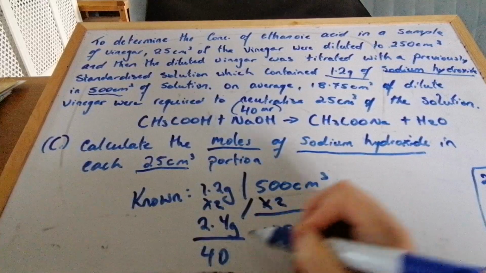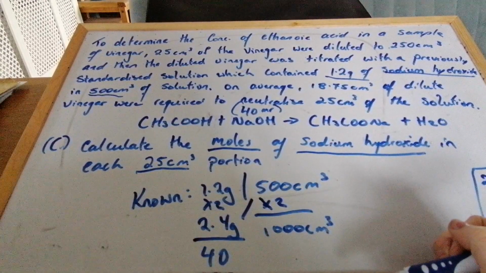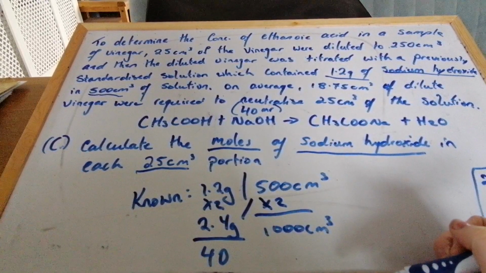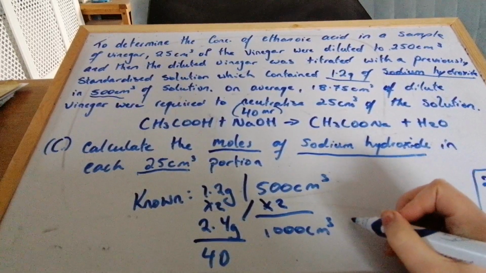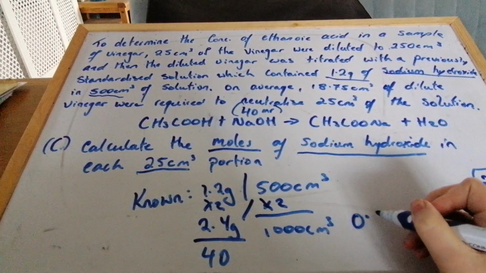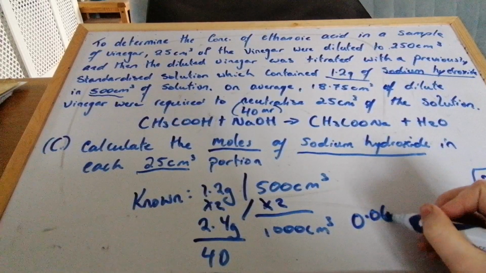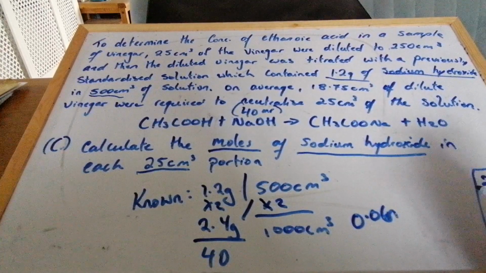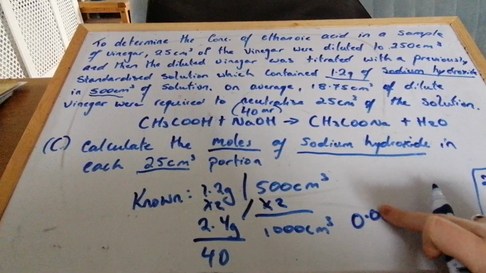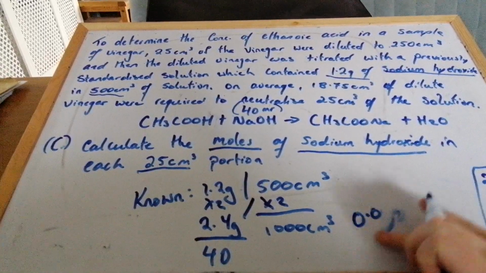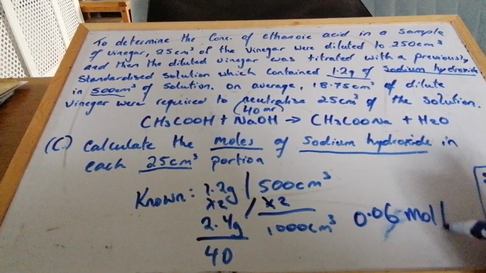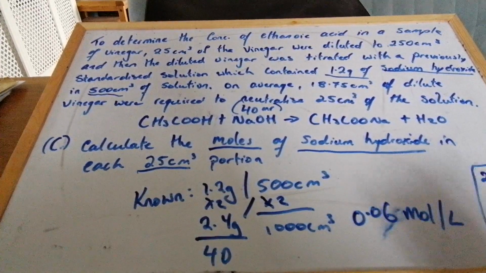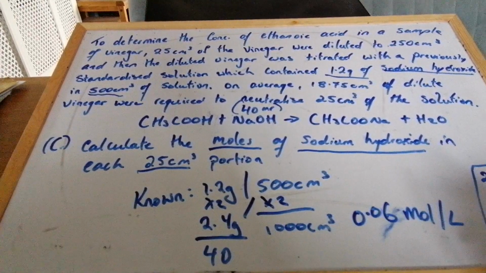Okay, so we're going to divide this by 40. So when you divide your 2.4 by 40, that is going to leave us with 0.06 moles per litre, or moles per 1,000 centimeters cubed.